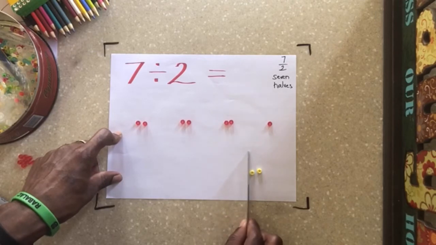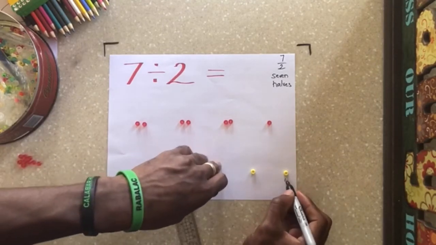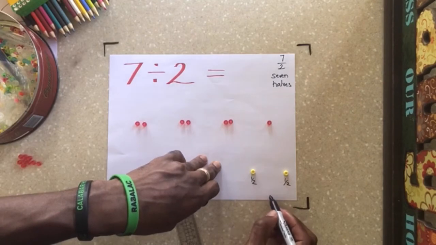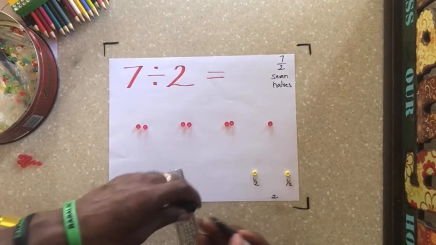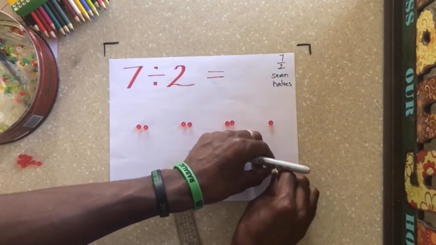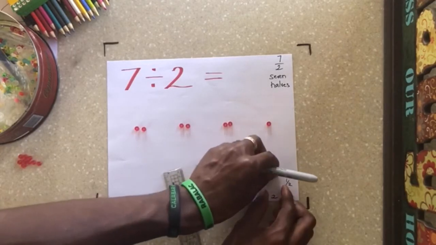So we now understand that 1 is a half of 2. We're going to keep that as our footnote. Put them together, we get 2.